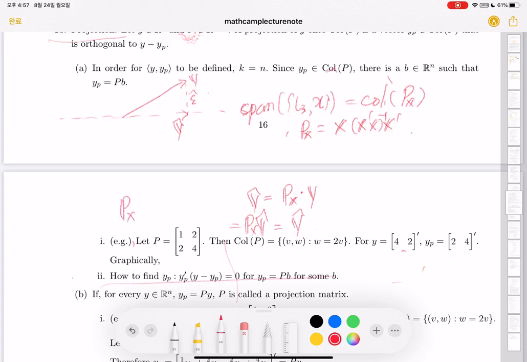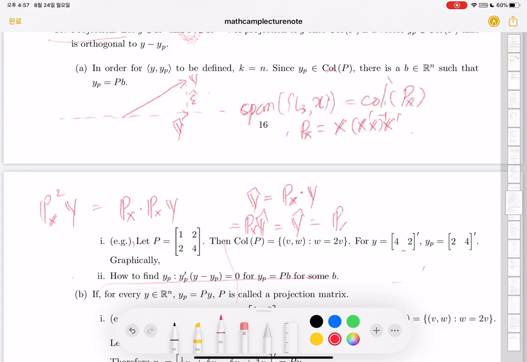P of x times P of x y, which is P of x squared y, and what is y hat?